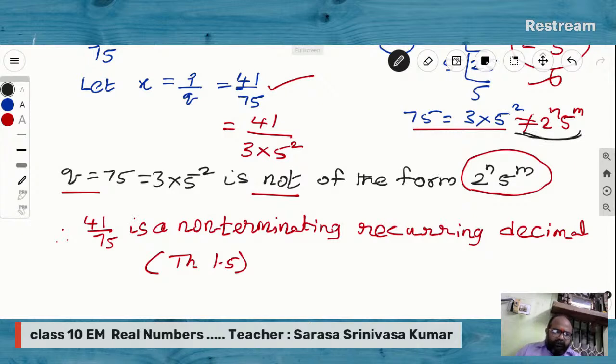When the denominator value is not in the form of 2 power n 5 power m, then by theorem 1.5, we can state that the given number x equal to p by q is a non-terminating recurring decimal. So this is without actual division. We should not do the actual division.